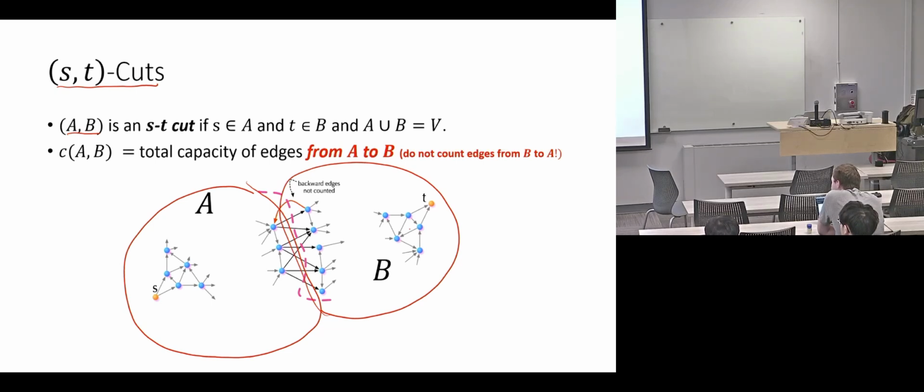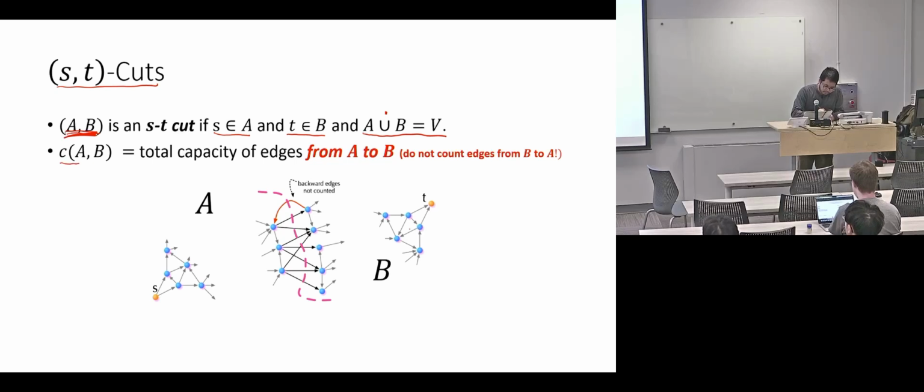And S is in A and T is in B. So it partitions S and T into two sides. This is an ST cut. S is in A, T is in B.